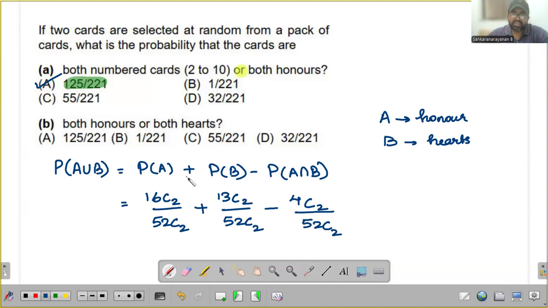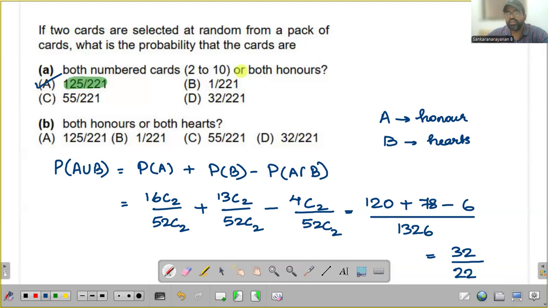So this is a classical case of P of A plus P of B minus P of A intersection B. When you simplify it further, this will be 120 plus 78 minus 6 whole divided by 52C2, which is 1326. On calculating this, the answer will come as 32 divided by 221. So for this question, the answer will be option D, 32 divided by 221.